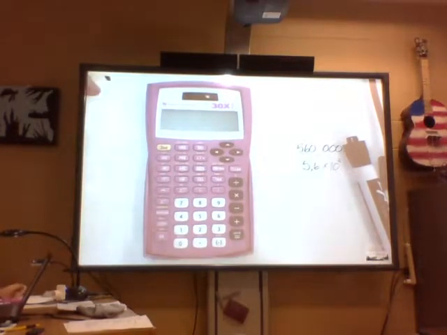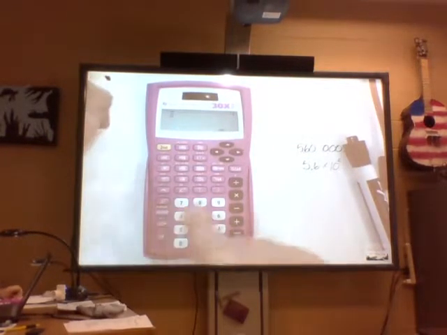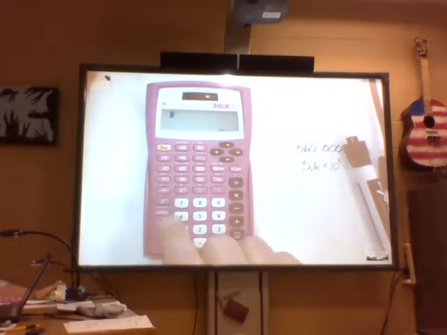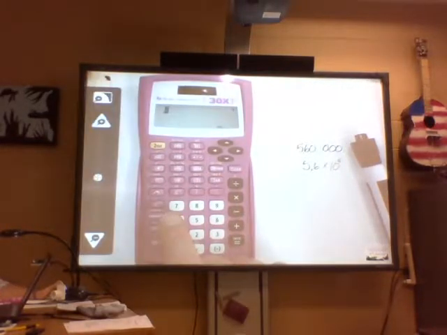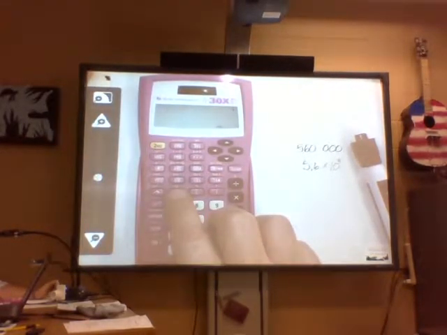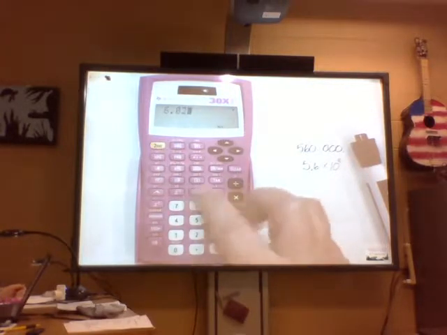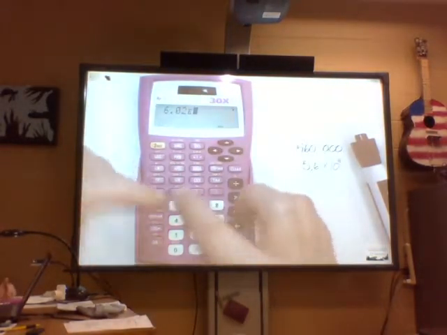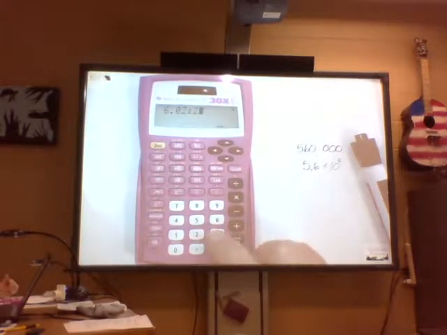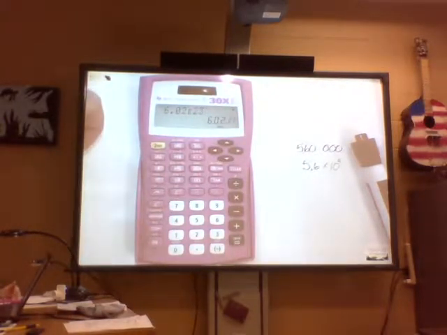So this is an on button. It's the same process. Do you see right above, there is the EE? Same thing, 6.02, I push that yellow button, 23, and enter it. Yes? Yes.